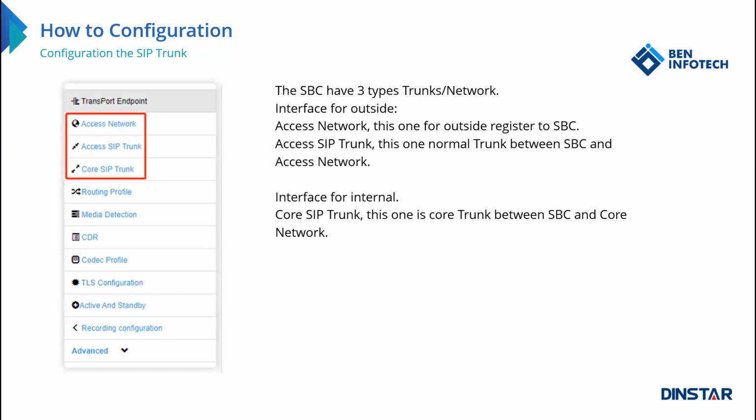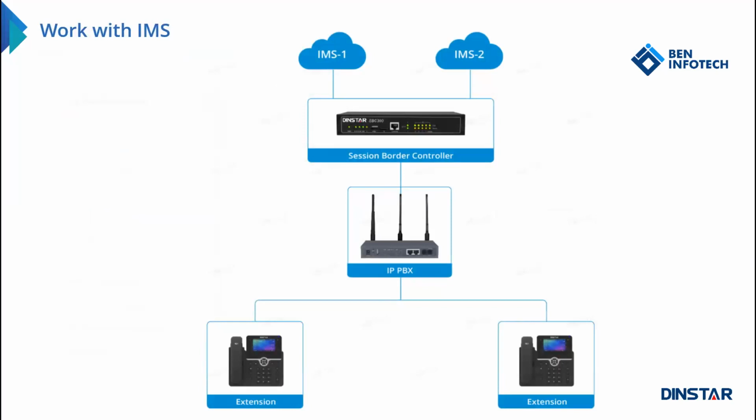So this is how the topology looks for trunk mode. You would directly give the connection to one of the ports of the SBC, and then you would use your core SIP trunk to make a SIP registration between the SBC and the IPPBX, and then you can make calls.